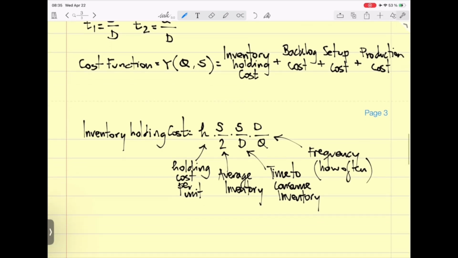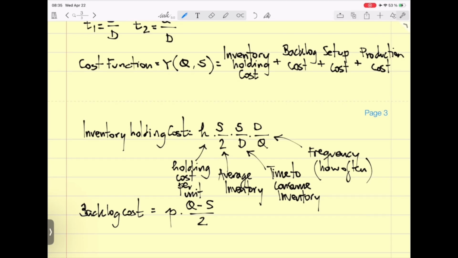So the backlog cost equals P, the backlog cost per unit, times Q minus S divided by 2.